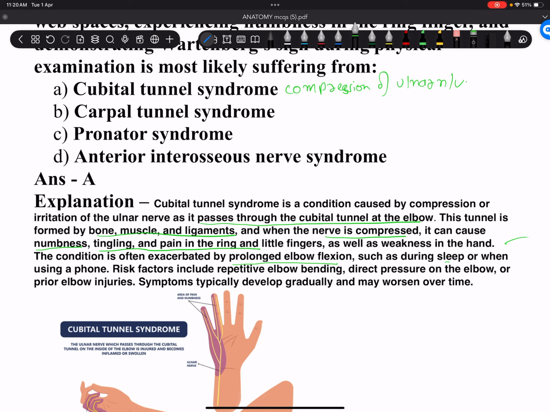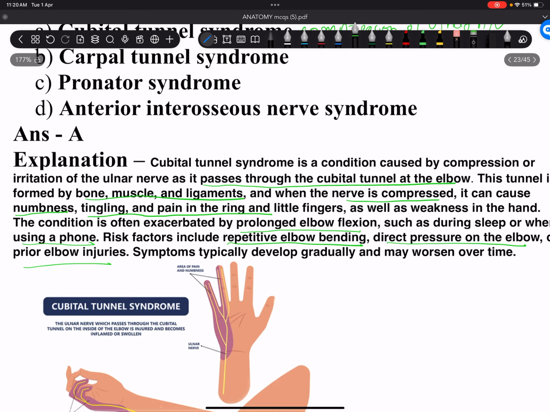By that, our nerve can also be compressed. Which nerve is it? Yeah, the ulnar nerve. So do focus on the points. Don't sleep in that way and don't use a phone too much. Risk factors include repetitive elbow bending, direct pressure on the elbow, and prior elbow injuries. Symptoms typically develop gradually and may worsen over time.